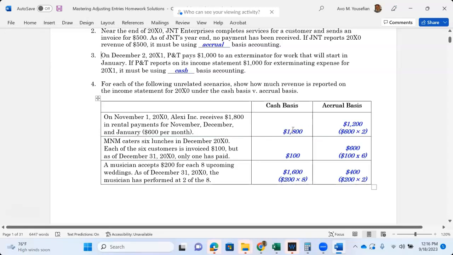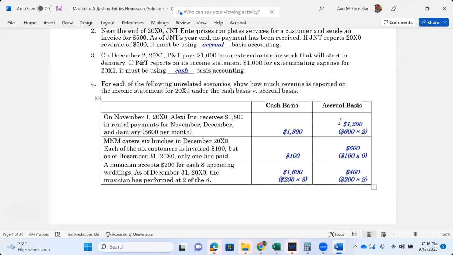Under cash basis, you have revenue, right? Right away. You get cash, God bless America, revenue is recognized. That's cash basis. However, under accrual basis, you will have only 2 months to recognize by end of the year.